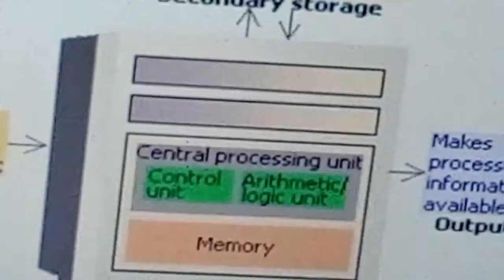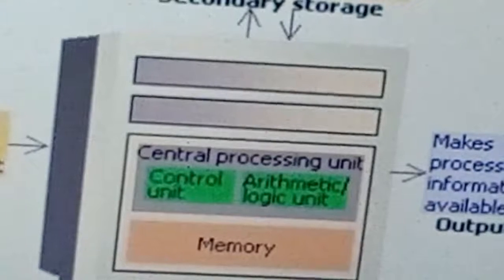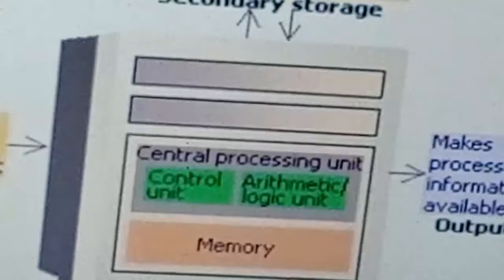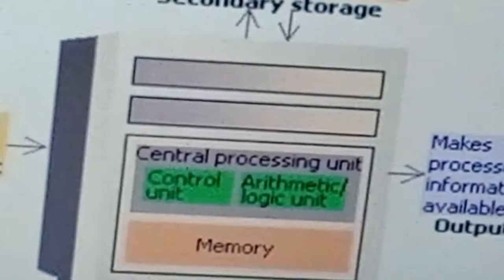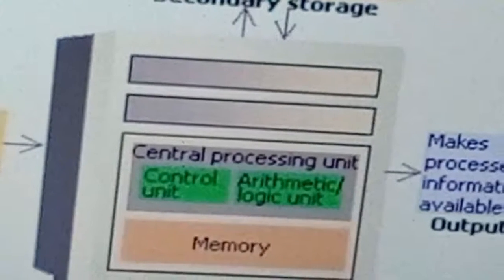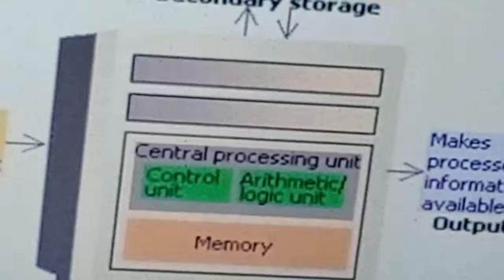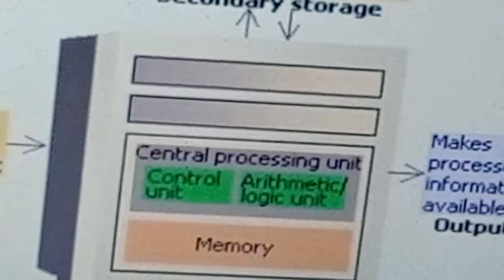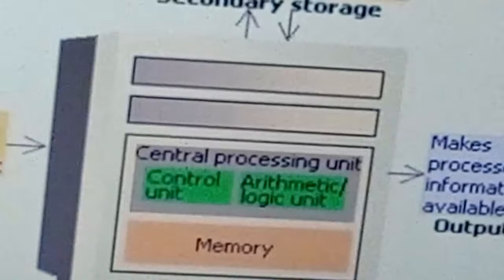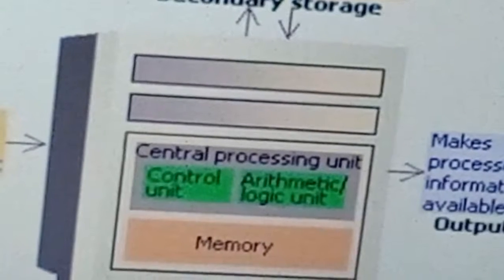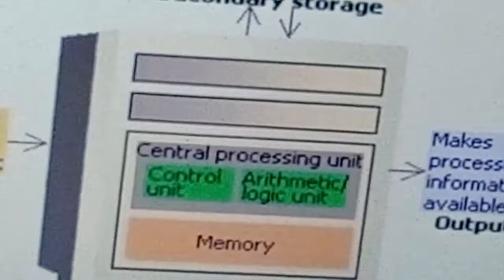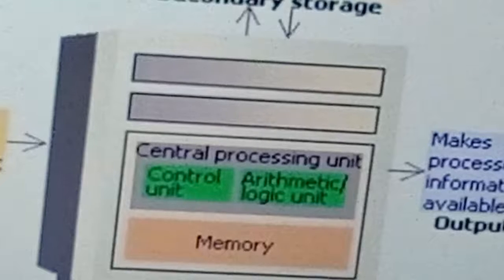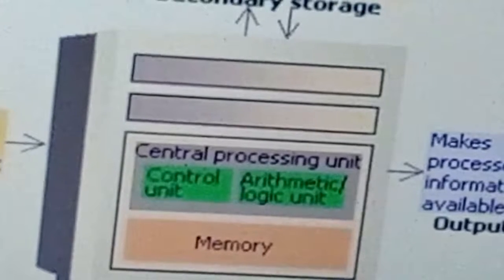Primary memory is memory that can be accessed directly by the central processing unit. The data and information frequently used are stored in primary memory, which can be accessed by the processing unit for further purposes.